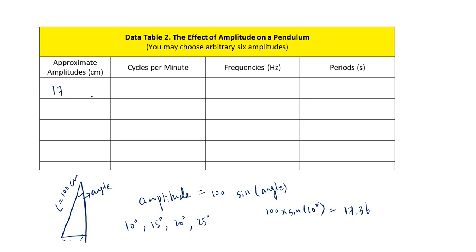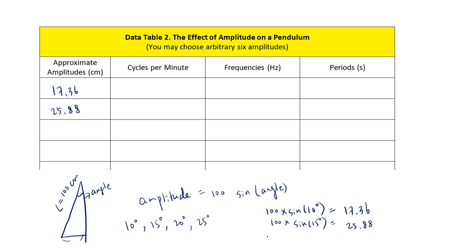17.36. Then 100 times sine 15 degrees is 25.88 centimeter. May use this one.